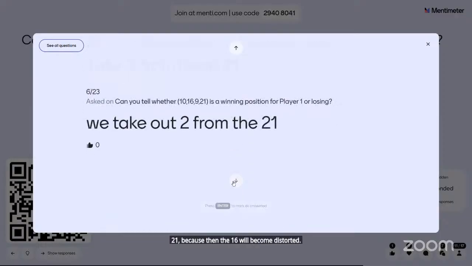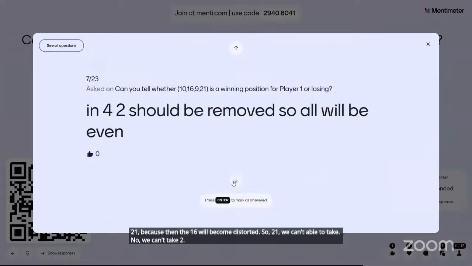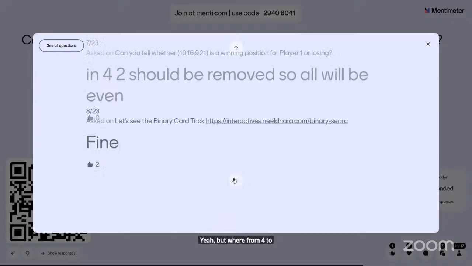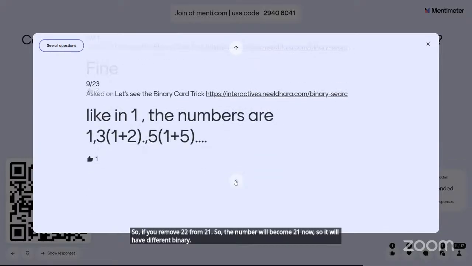So 21 we can't take from. No, we can't take 2. In 4, 2 should be removed so all will be even. Yeah, but where from I don't understand. If you remove 2 from 21, the number will become 19, so it will have a different binary representation there.